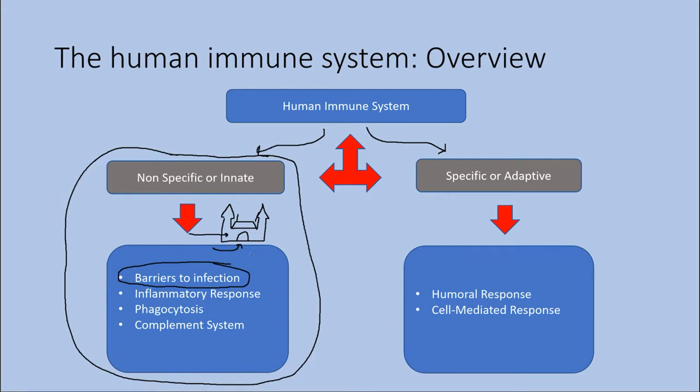And then if these attackers get over the wall or through the gate into the castle, the alarm bells ring. The alarm bells in our body is the inflammatory response, which brings the troops to the battle.